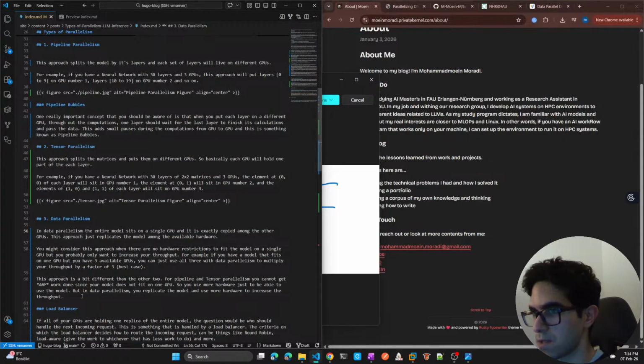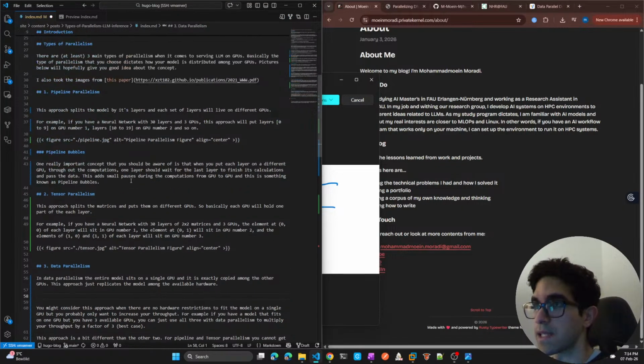This approach just replicates the model. Okay, and then I also add the image here.